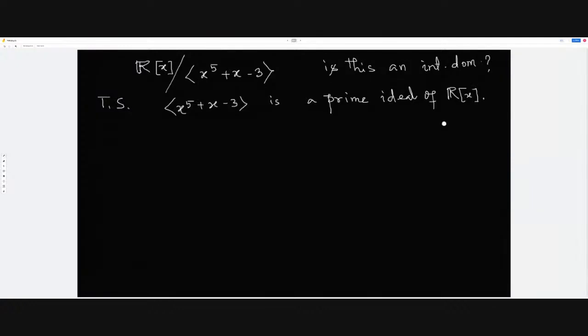Now, R is a field itself. So since R is a field, R[x] is a PID.